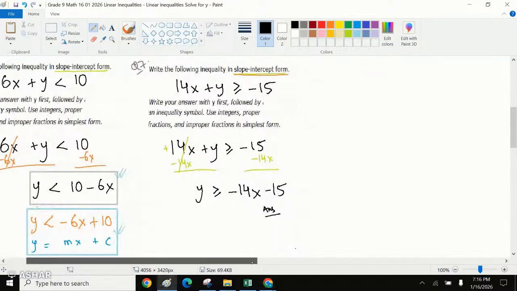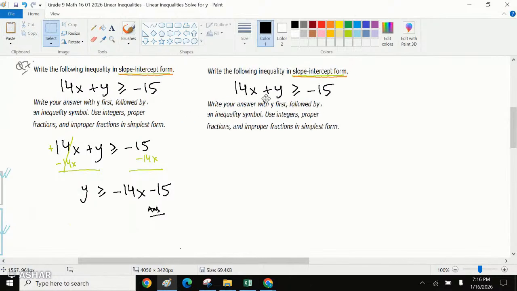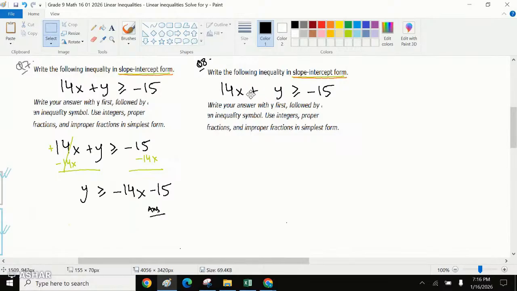Okay, let's try a question with fractions. Okay, this is question number 8, and what I will change over here is just one numerical value. Okay, let's suppose this was 15, this was 5x.